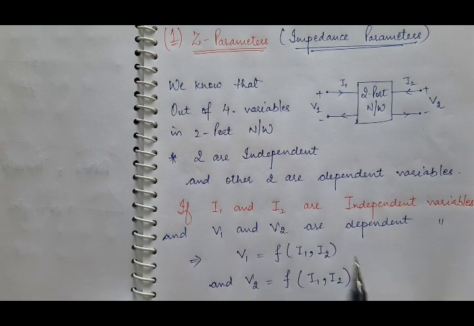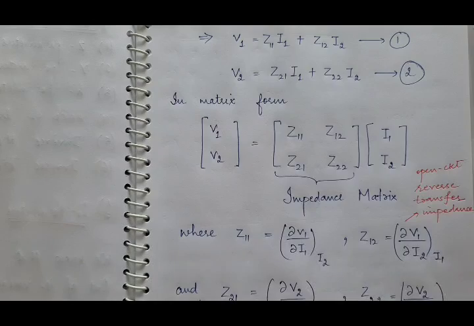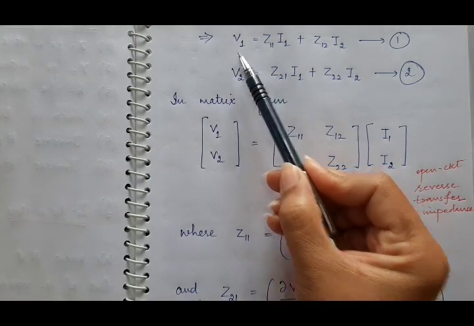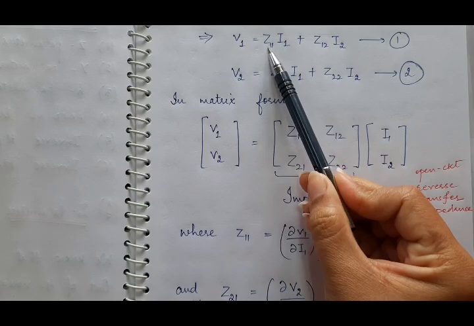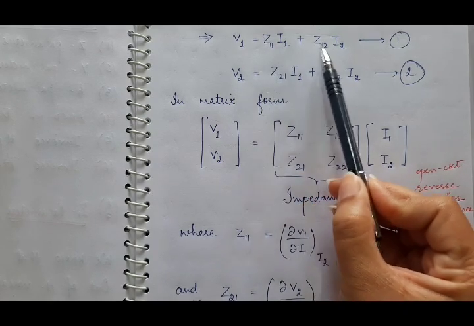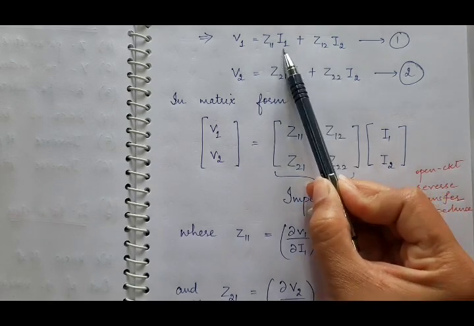So what will be the expression of V1? It will be a linear combination of I1 and I2. Similarly, what will be the expression of V2? It will again be a linear combination of I1 and I2. So we can write V1 as a linear combination of I1 and I2, where these Z terms are the coefficients of I1 and I2.